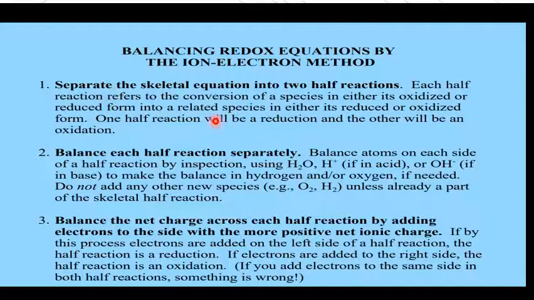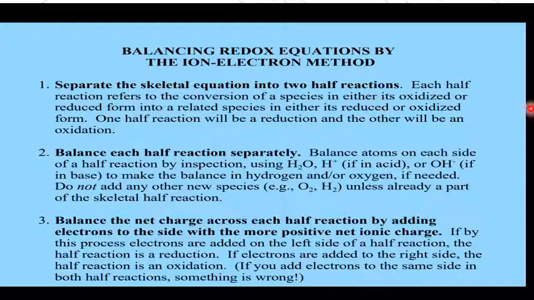So students, first we will check out certain rules on how to balance any equation by the ion electron method. The first step you will consider for this method is to separate the skeletal equation into two half reactions. सबसे पहले आपको अपनी इक्वेशन में ये देखना है कि which species is getting oxidized or which species is getting reduced.